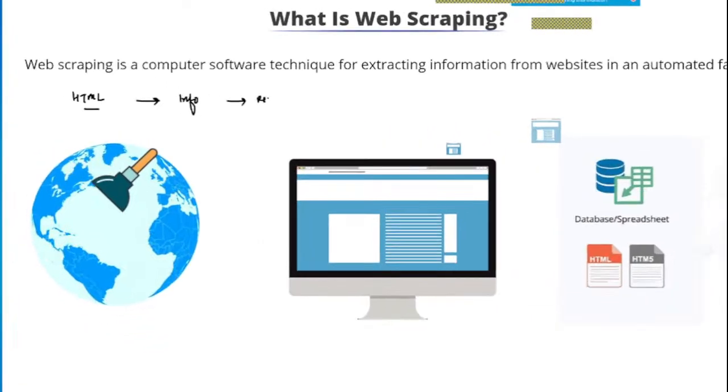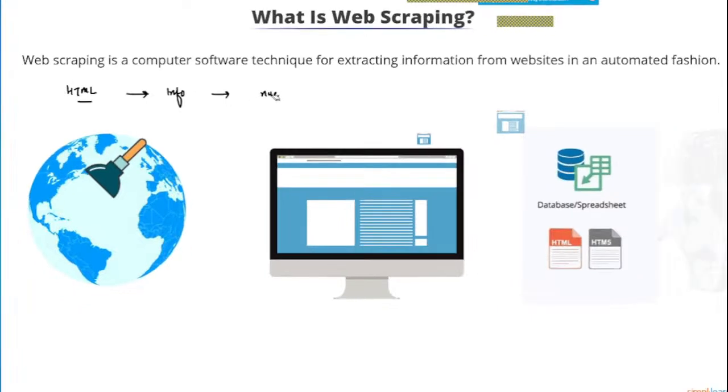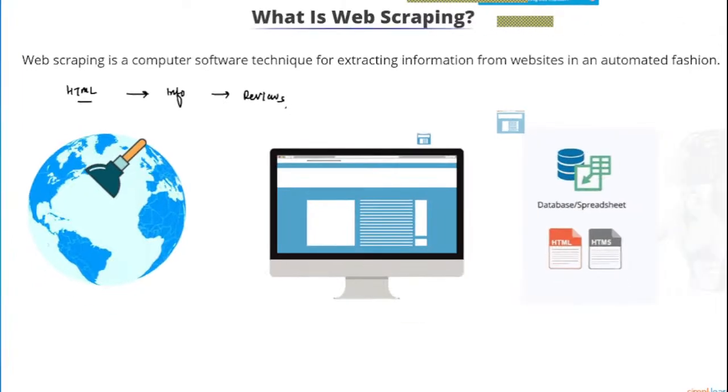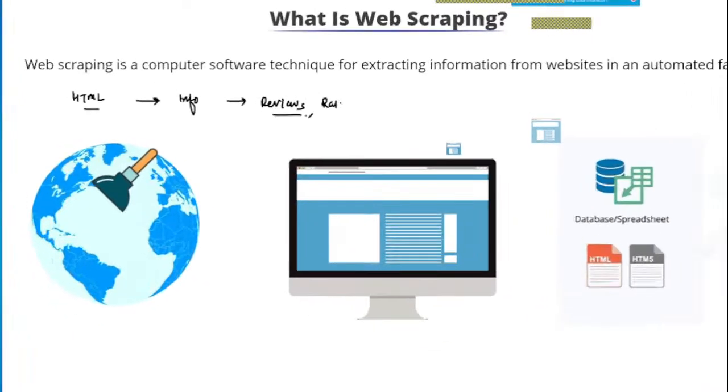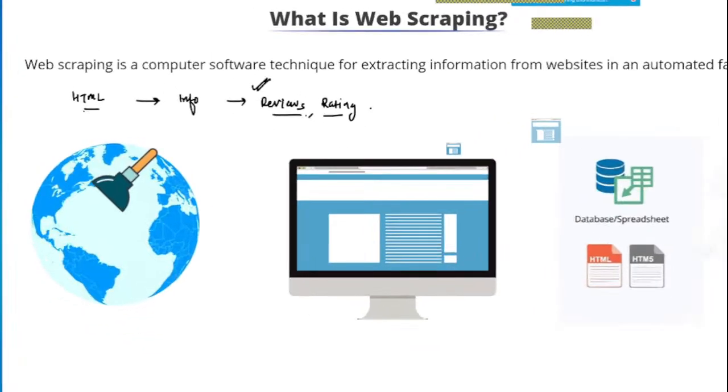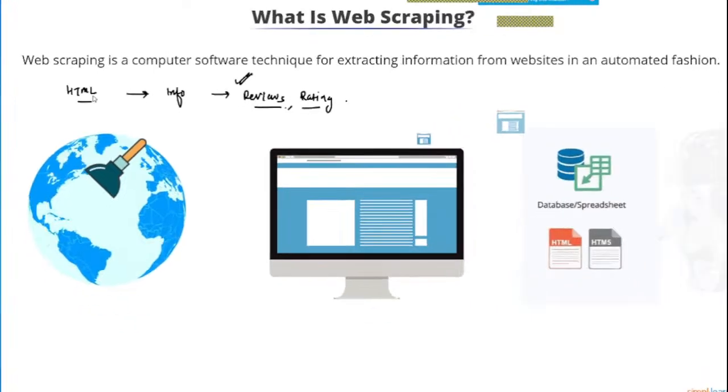Like, I wanted to extract revenue. Okay, sorry, not revenue, ratings or reviews. We have reviews here. We have ratings here. Using the reviews and using the ratings, I can get information about the data set from the given website, and the website contains the HTML.